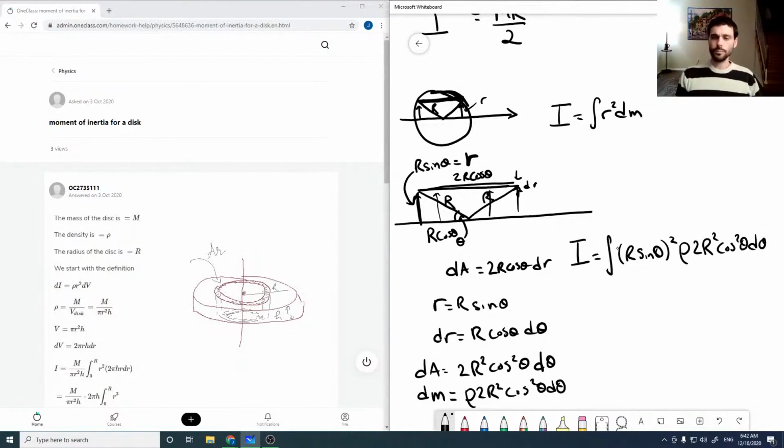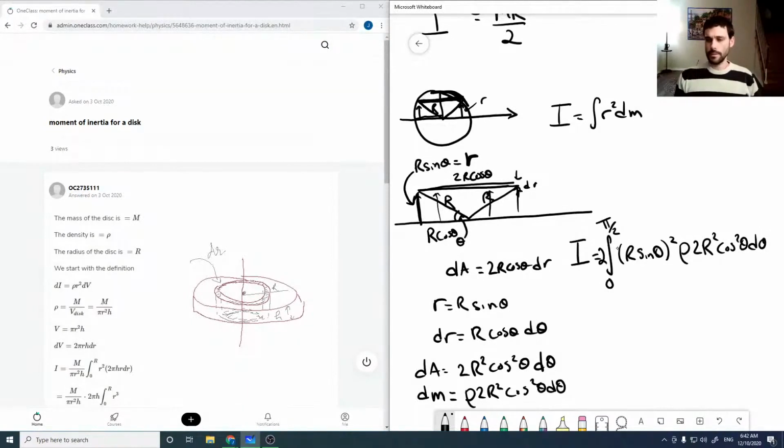So the way I defined everything is we only need to move from 0 to pi over 2, because that'll cover the whole half circle, but then that's only half of the object, so we need to double it. So it would be double 0 to pi over 2.